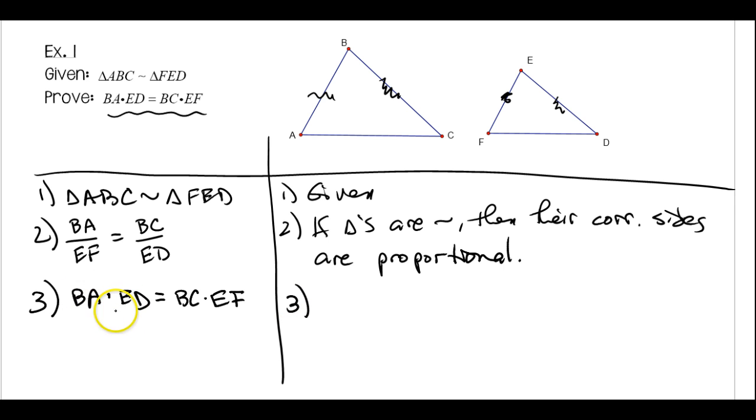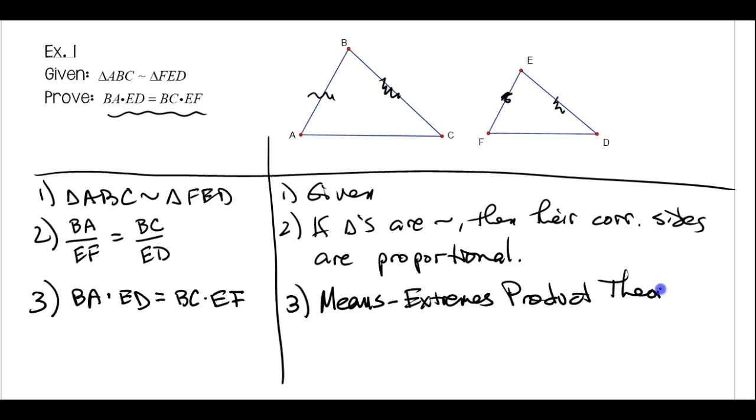I have a product on the left side of the equal sign and a product on the right side of the equal sign. So we know that that's going to be my means, extremes, products theorem. Okay? You use the theorem that matches what you end up with. So I ended up with products, so I use the product theorem. Alright, so that's our first example.